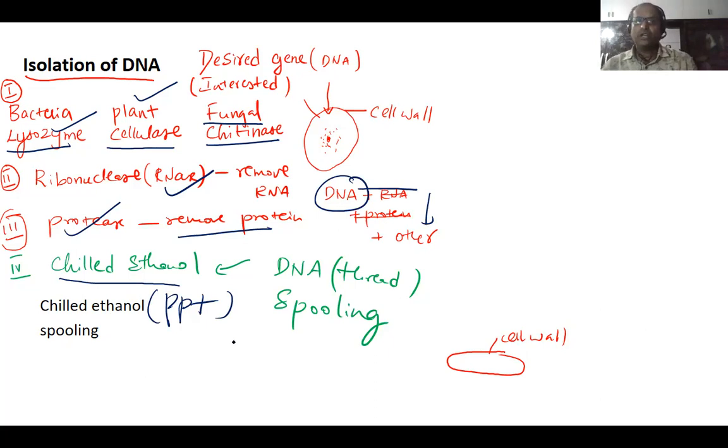That process is called spooling. Spooling is the process where we can extract the DNA just like a thread. That is the process we need to do for the isolation of DNA. I hope so. This is the first step in the RDT process.